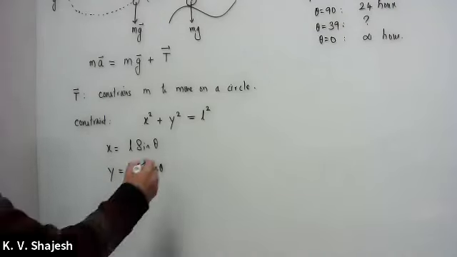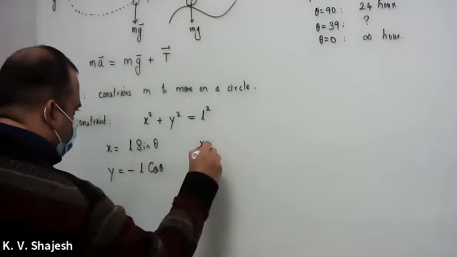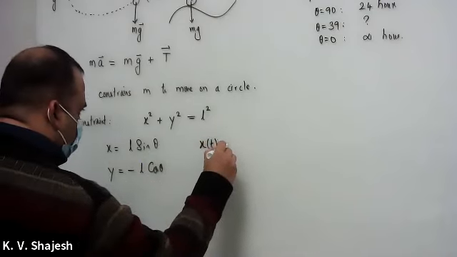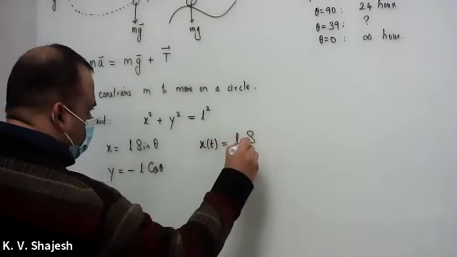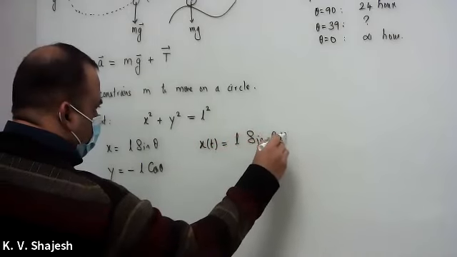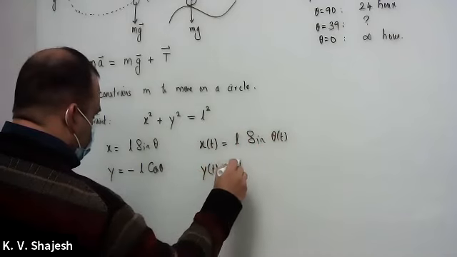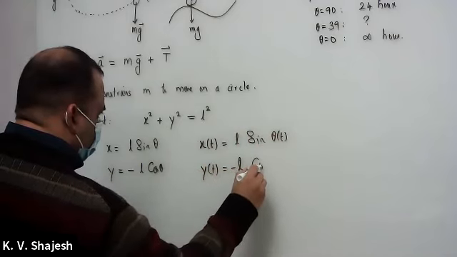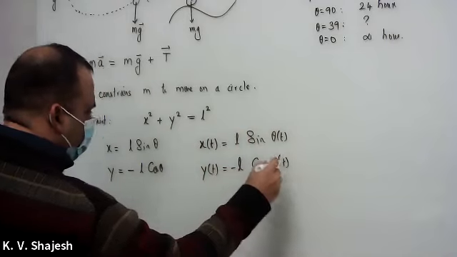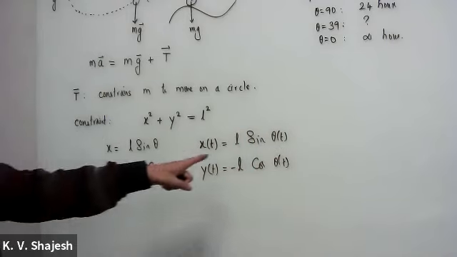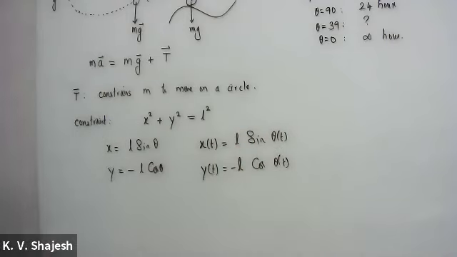So explicitly, X as a function of time is L, a constant, times sine of theta of t, and Y as a function of time is minus L times cosine of theta of t. It's clear that only one variable has time dependence, so it might be easier to work in terms of that angle theta.